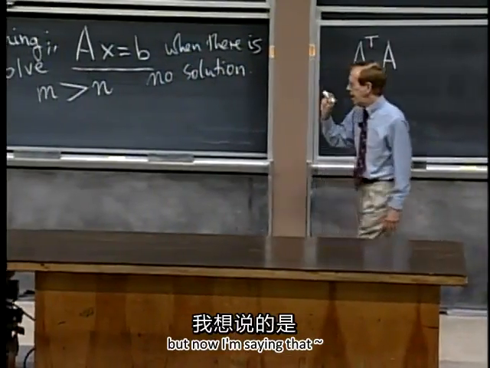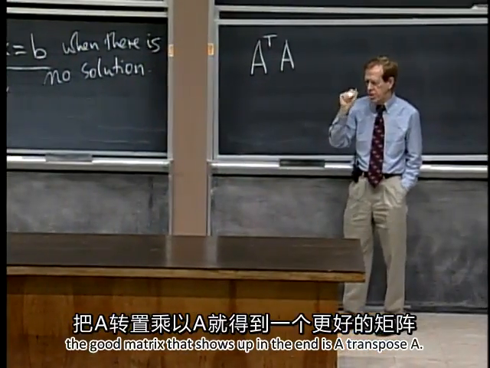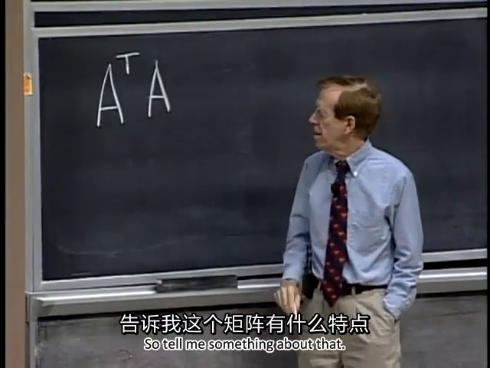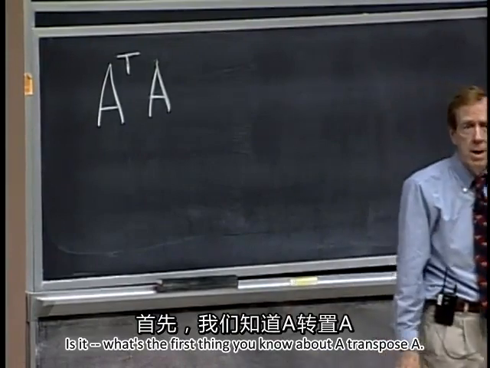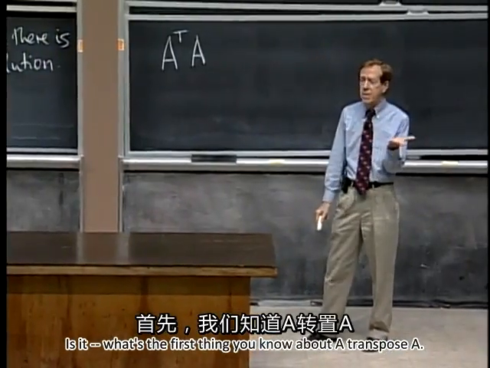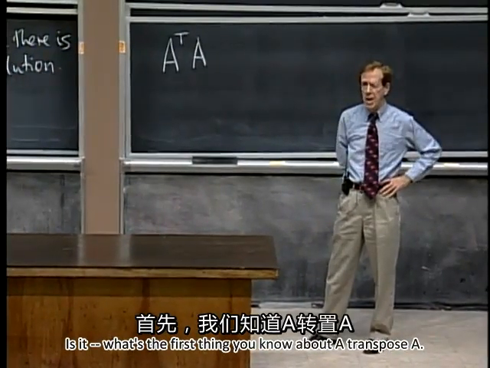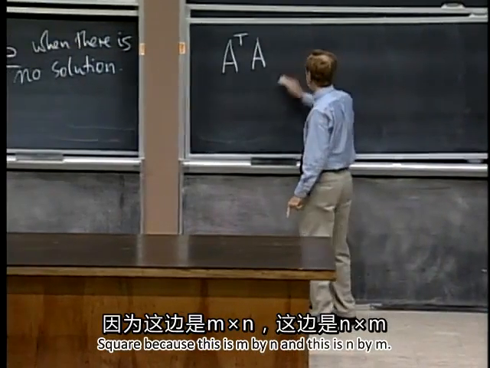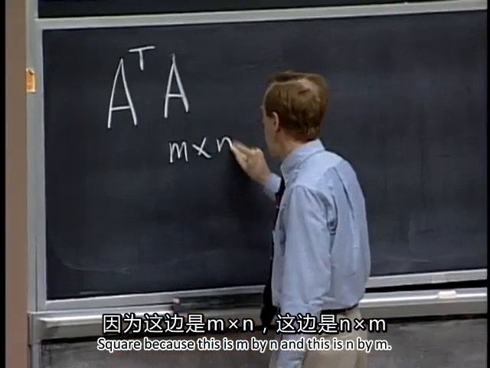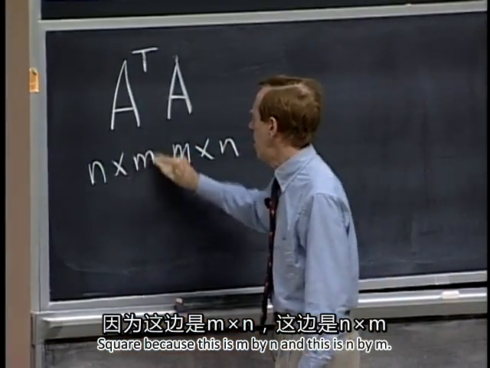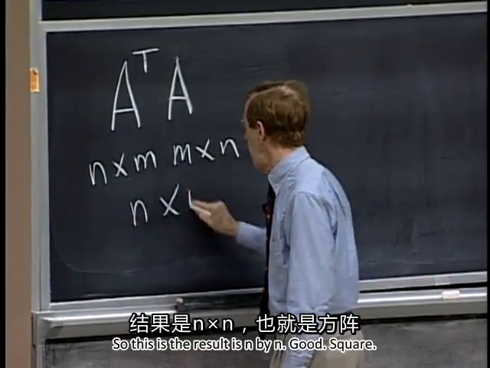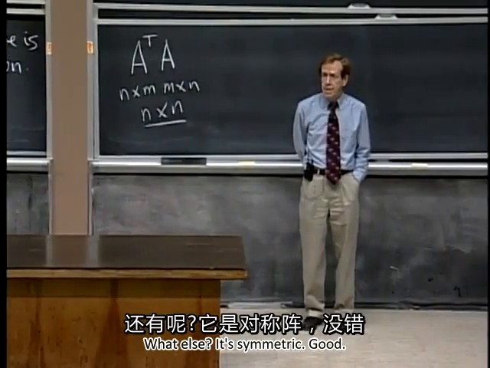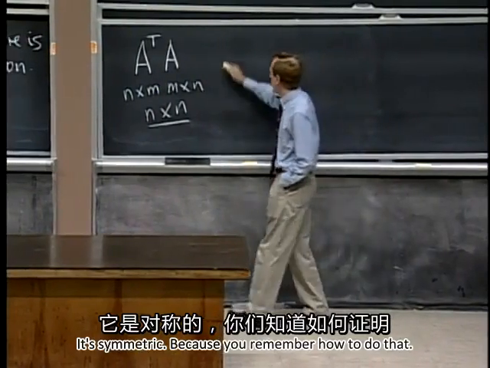But now I'm saying that the good matrix that shows up in the end is A transpose A. Tell me, what's the first thing you know about A transpose A? It's square, right? Square, because this is m by n, and this is n by m. So the result is n by n. Good. Square. What else? It's symmetric. Good. It's symmetric.